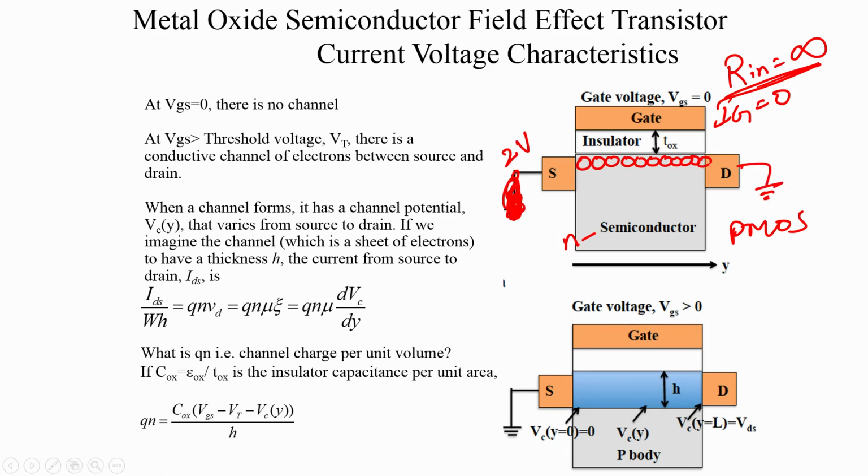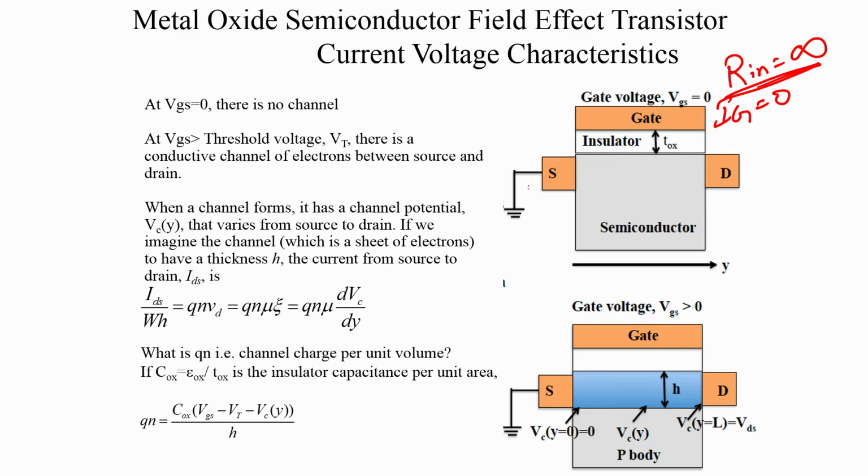The holes will enter from the source and migrate to the drain, and the direction of the movement of the holes will be this, and the current direction will be this. So you will have an IDS that is negative, VDS that is negative, and so on. But the physics behind deriving the current voltage characteristics is the same.